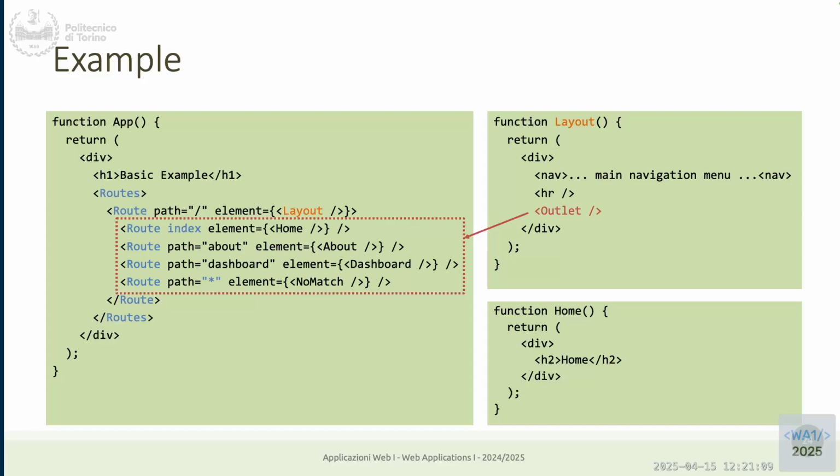Without this, the slash would only render the layout with an empty outlet. So we are filling the outlet in case no other match is better. So slash will be filled by the index route. Then if we have slash about, we go here, we have slash dashboard, we go there, and if we have anything else, we generate an error page.